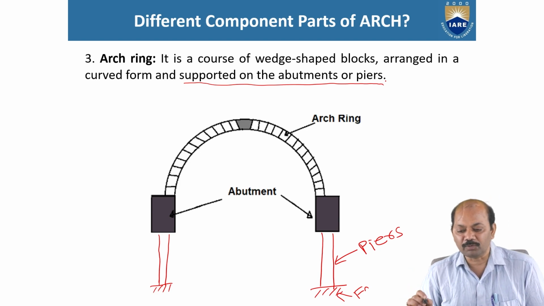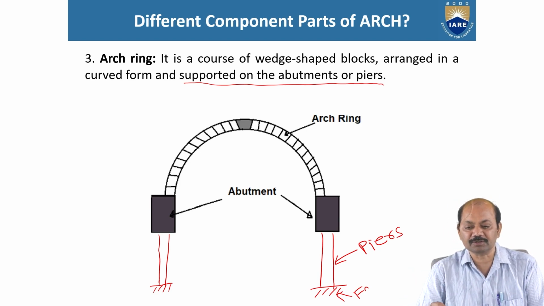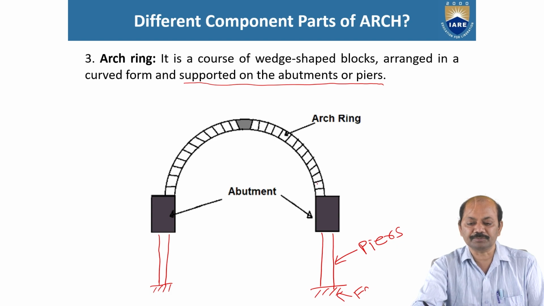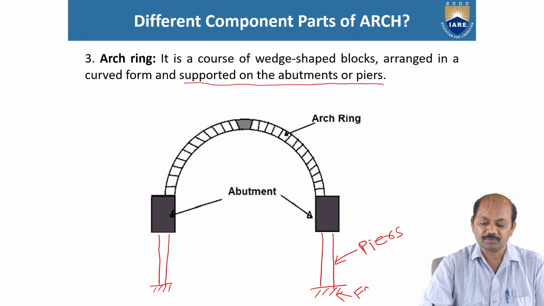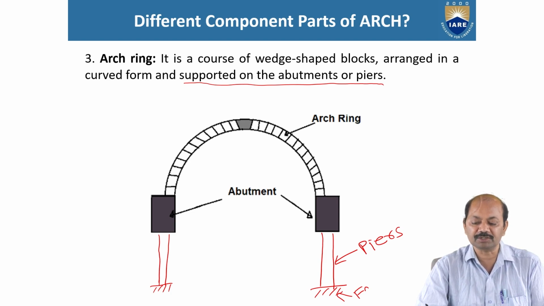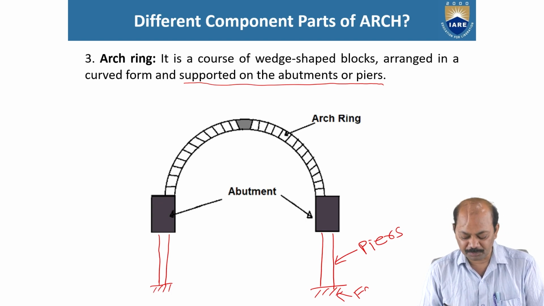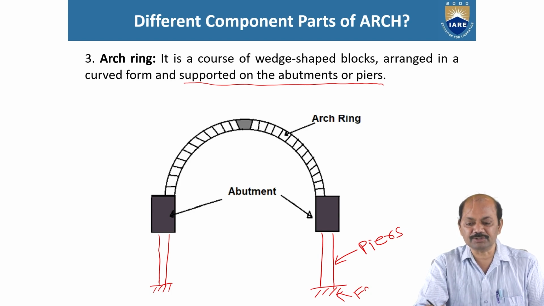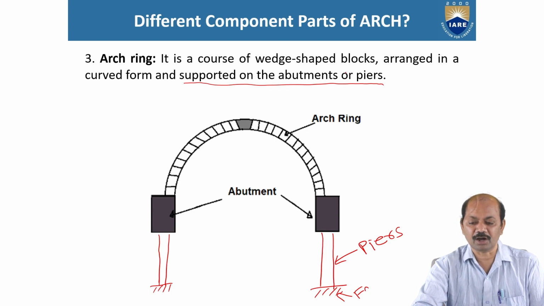Already you know what is meant by abutment and piers. This arch ring is supported on abutments or piers. Sometimes without making abutments, the arch ring will be supported directly on piers. That is why here it is written R.